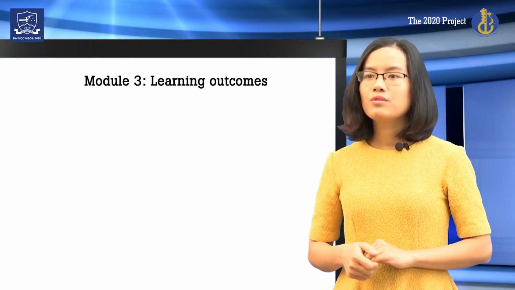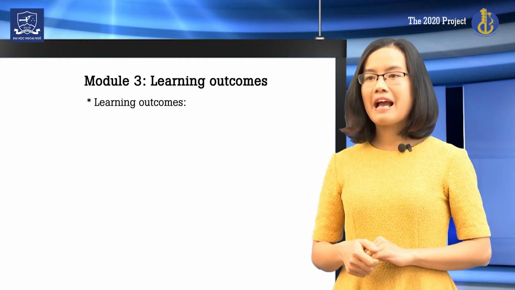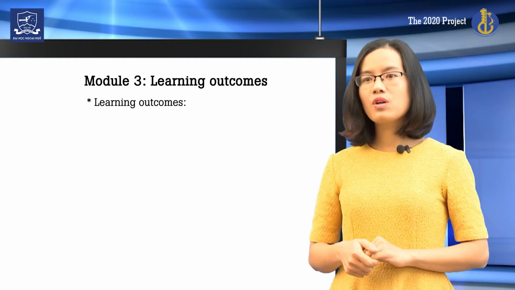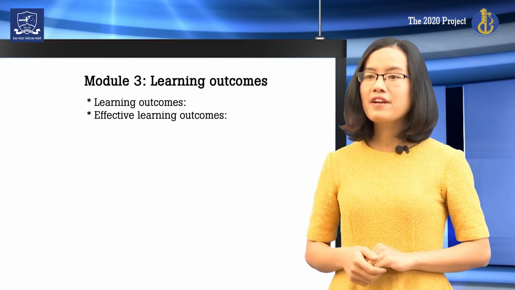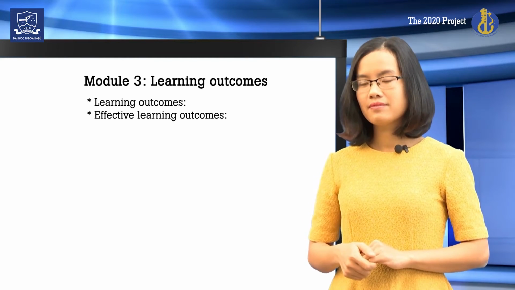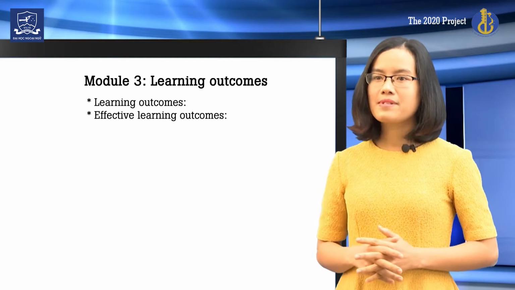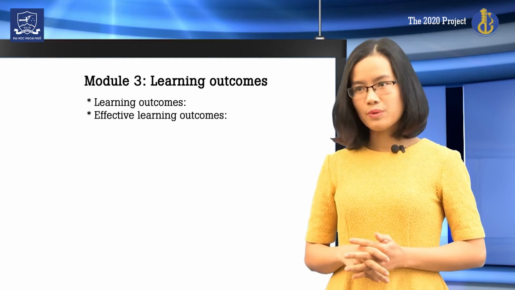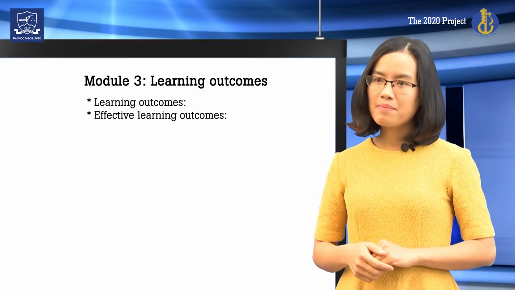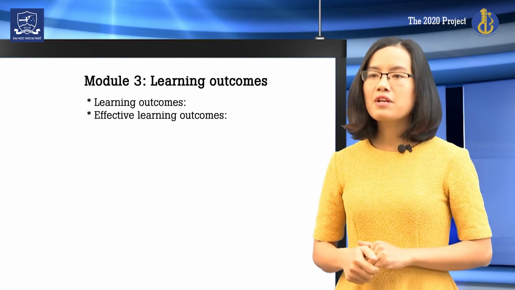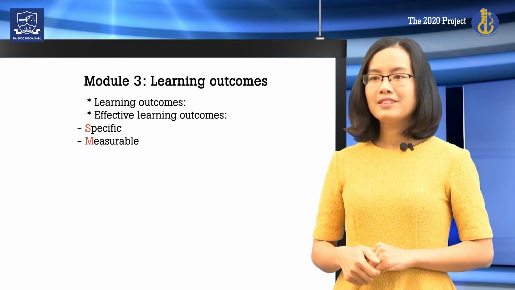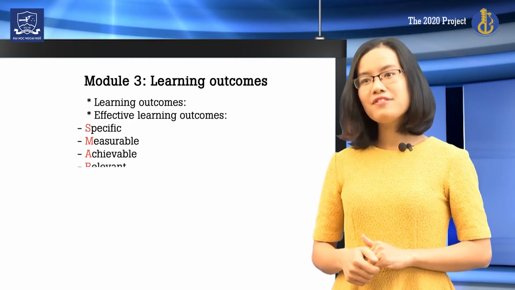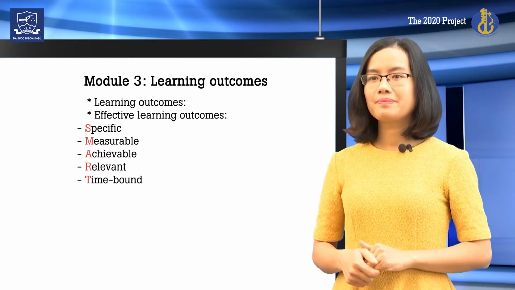In this module, you have learned about learning outcomes, what makes strong learning outcomes, and different methods to write effective outcomes. Learning outcomes are what students are able to do. As you may remember, an effective outcome should be specific, measurable, achievable, relevant, and time-bound.